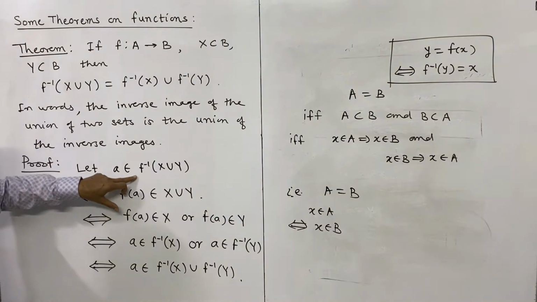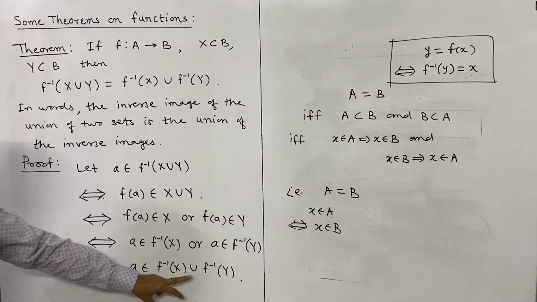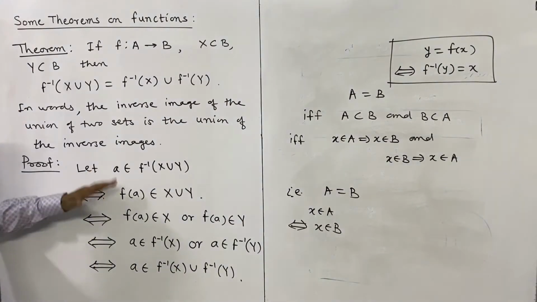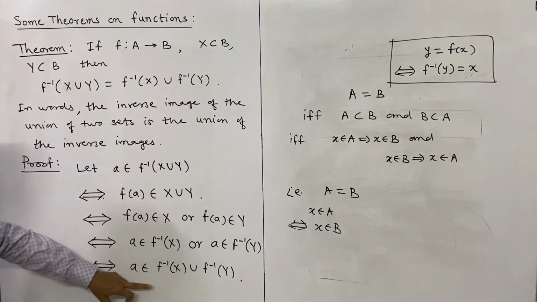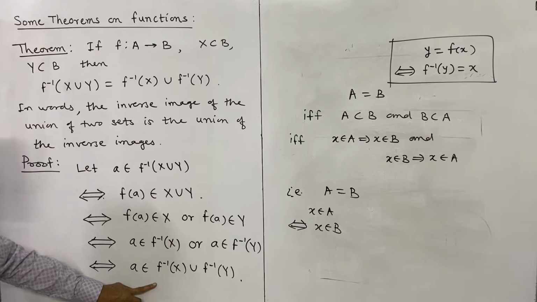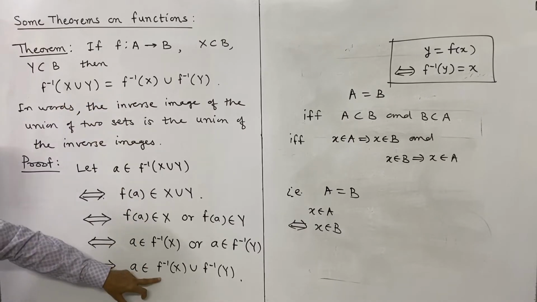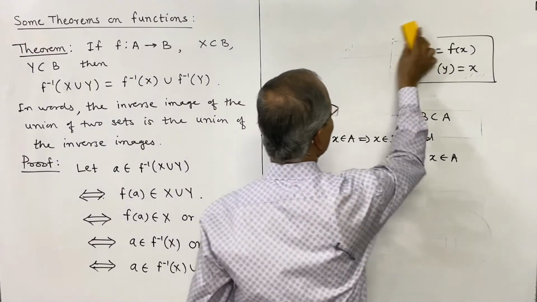A belongs to f inverse of X union Y, and that implies A belongs to f inverse X union f inverse Y, and that implies and is implied by means two-way relations hold, and therefore the first set is equal to the last set. That means f inverse of X union Y is equal to f inverse of X union f inverse of Y. So that proves the theorem.